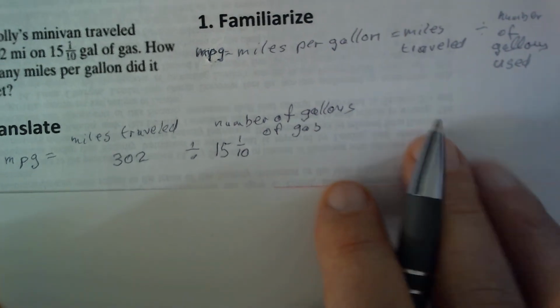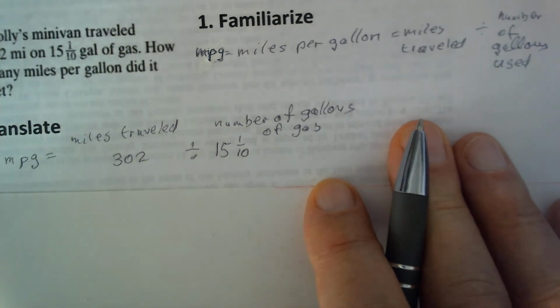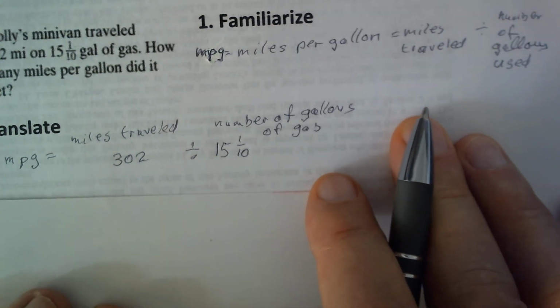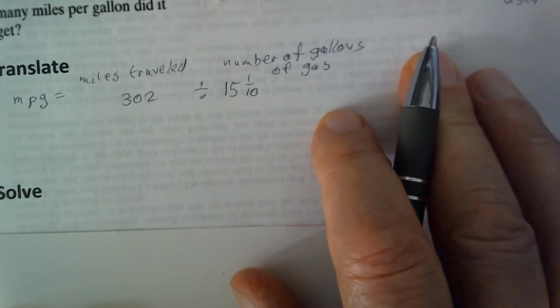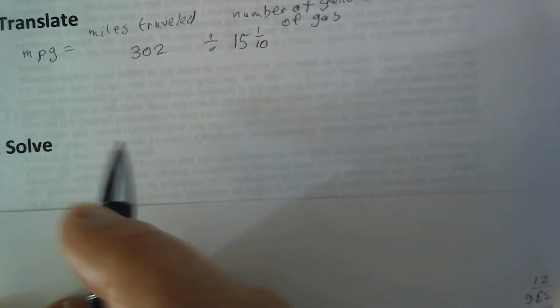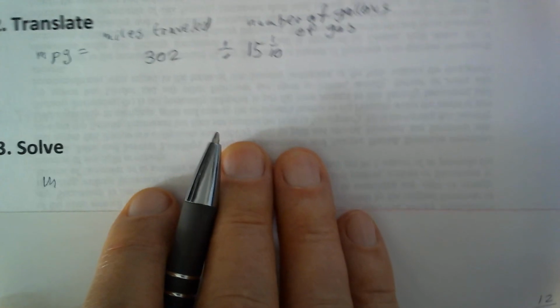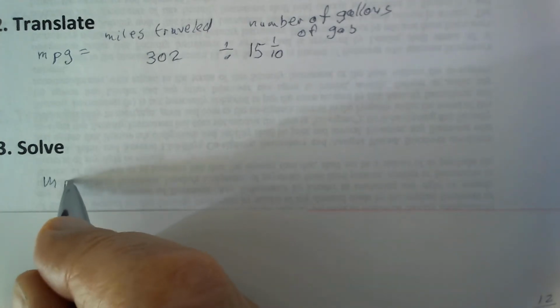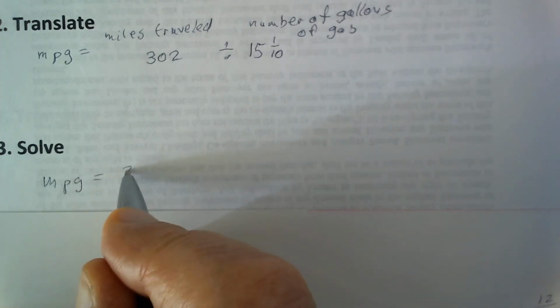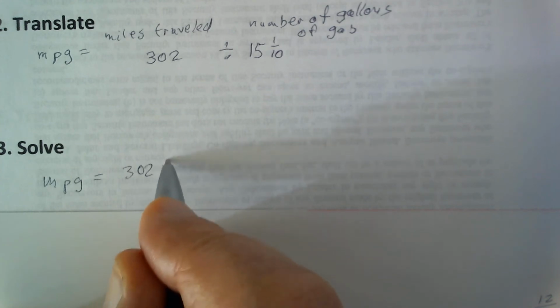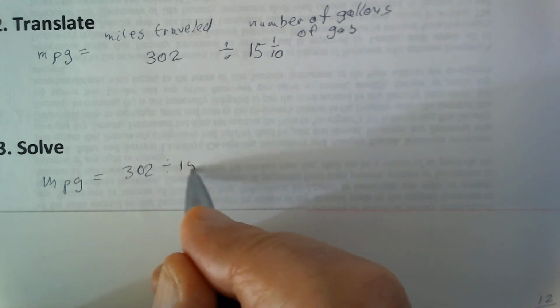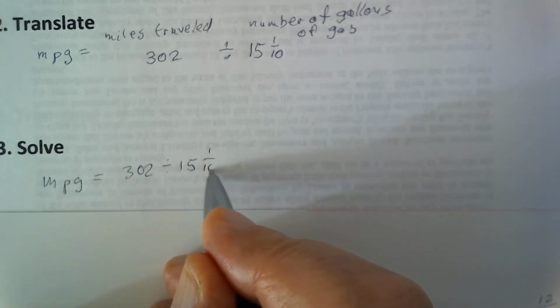The next step is to solve this problem here. So MPG equals 302 divided by 15 1/10.